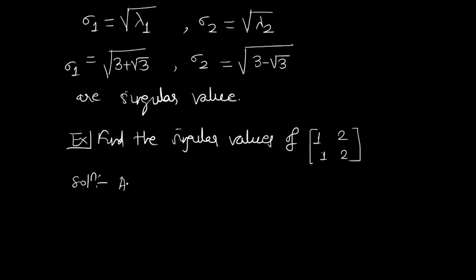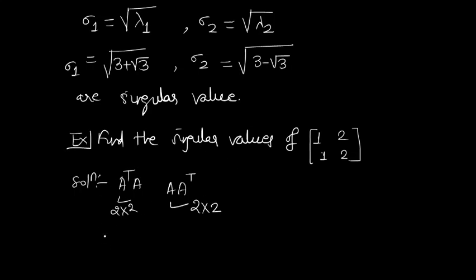So it's immaterial whether you consider A into A transpose or A transpose into A, because as it is a square matrix, both will come out to be of the same size. The matrix given is 2 by 2, so both will come out to be a 2 by 2 matrix. So it is up to our wish which matrix we will consider.